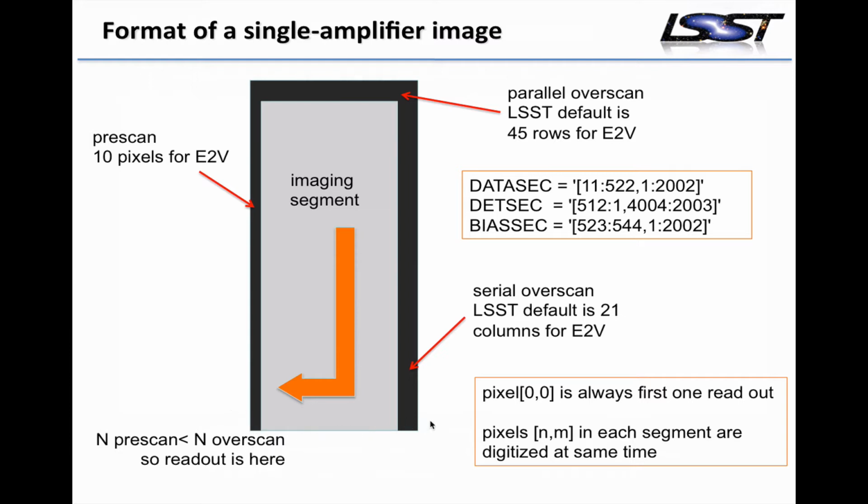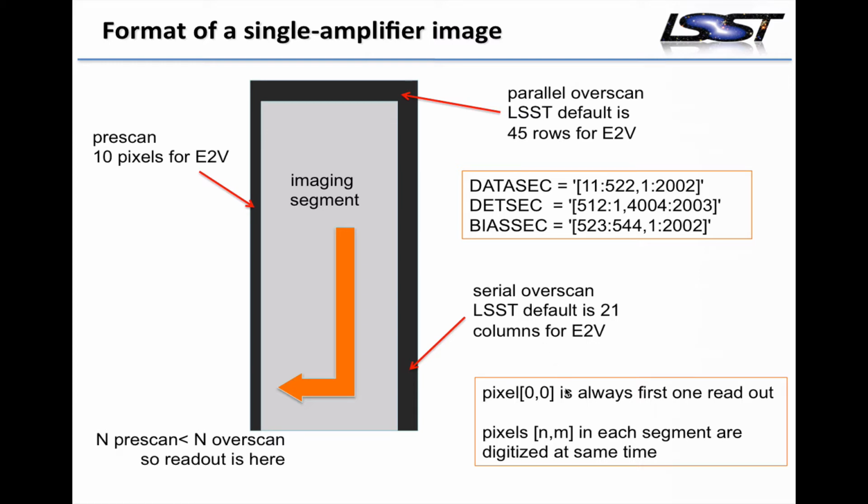So this is the row direction. The amplifier is in the bottom left corner. This row is read first, and then sequentially, rows higher up in the image are read out later. So the charge flows down and then to the left. The number of pre-scan pixels, the number of overscan pixels, and where this image resides within the detector are all described with a set of keywords and values that reside in the image header for this particular segment.